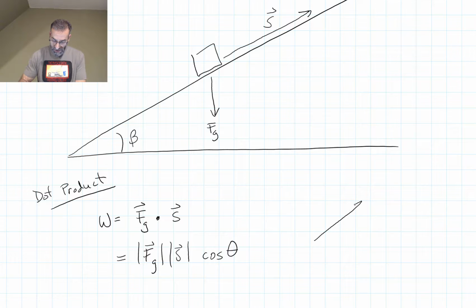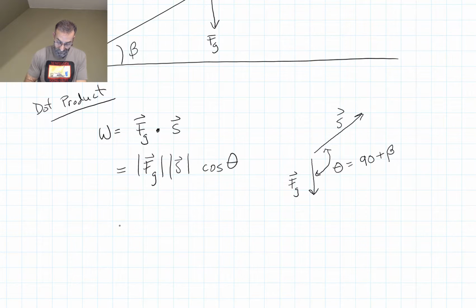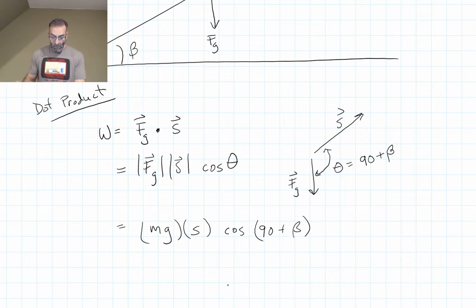Our displacement is in this direction. F sub g is in this direction. And this angle here is theta. And what angle is that? That's 90 plus beta. We could also break up the force of gravity into components.